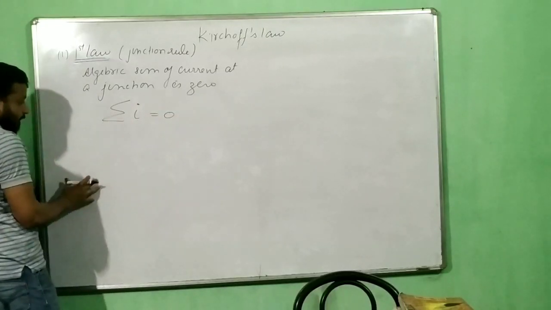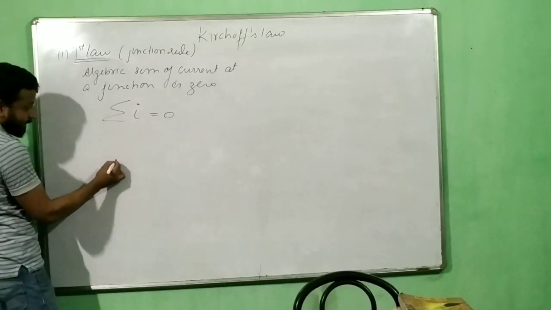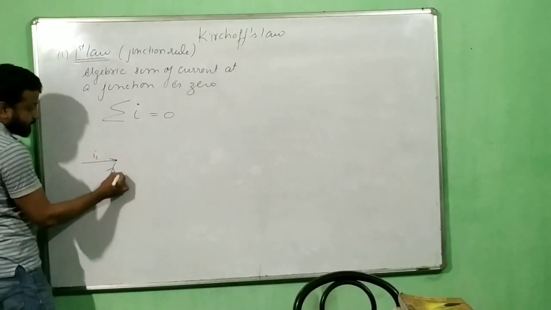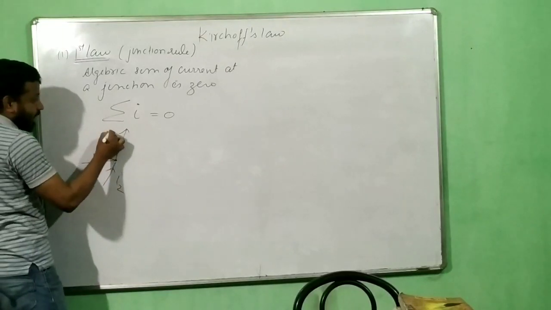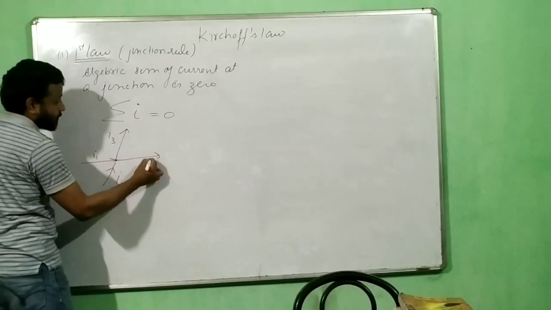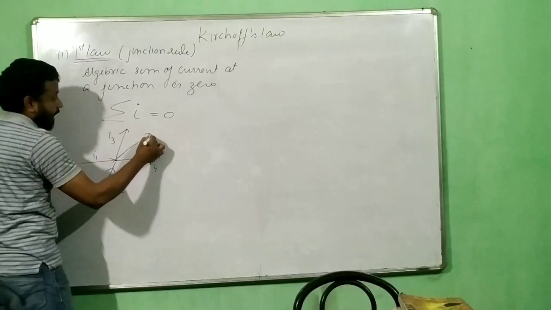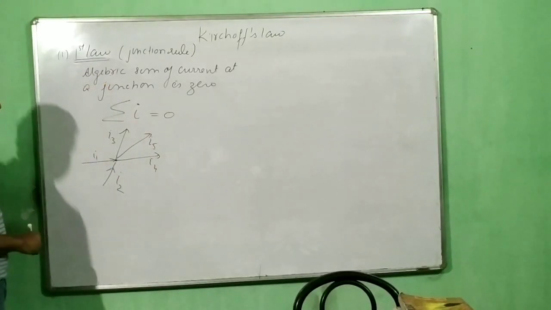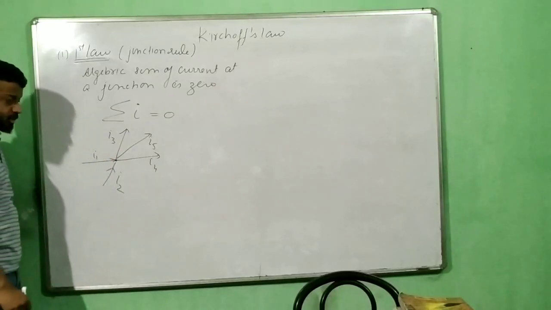What does that mean? It means, suppose this is a junction, and at this junction let us say current I1 is entering, current I2 is entering, and current I3 is leaving out, current I4 is leaving out, and current I5 is leaving out. As per Kirchhoff's first law, we use a very small sign convention over here.